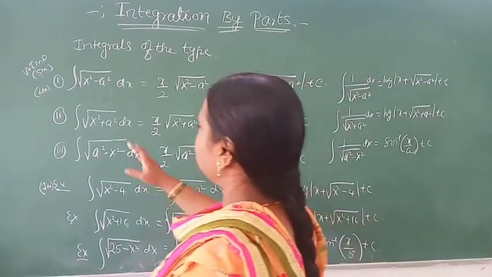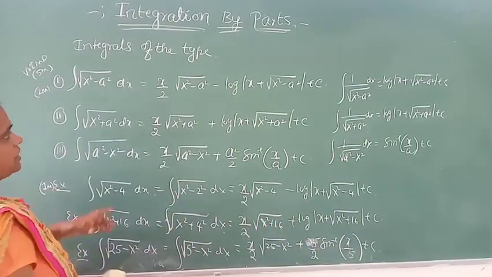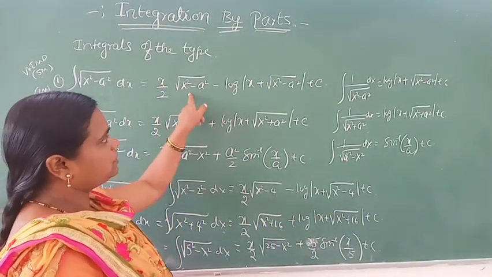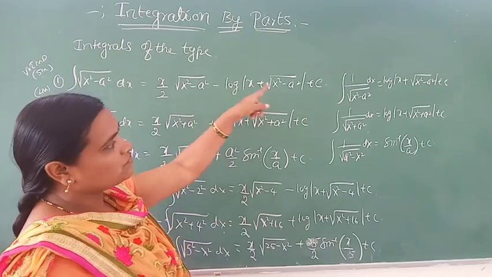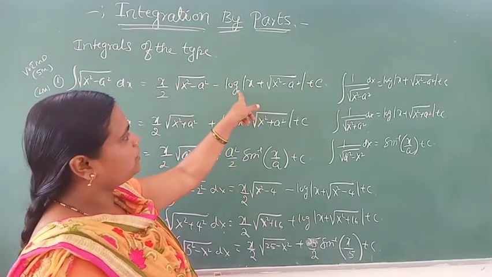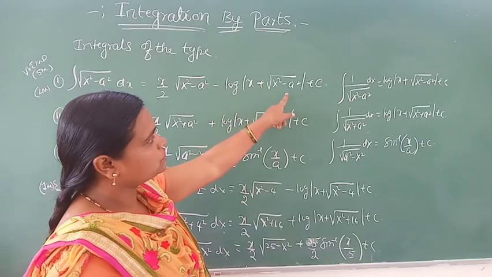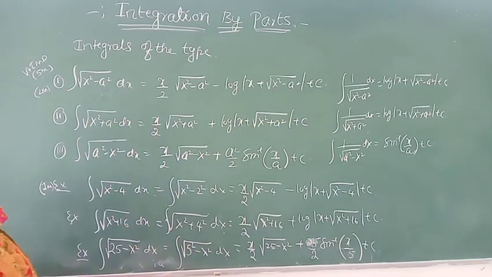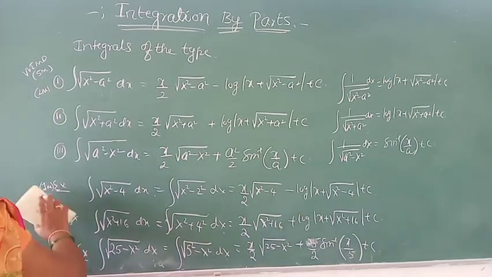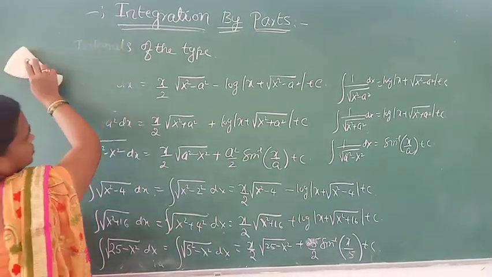See, root of x square minus a square means x by 2 root of x square minus a square minus, what we know, that formula we have to apply, log of modulus of x plus root of x square minus a square plus c. But remember, these three are very important, and based on that we have done 2-3 examples.